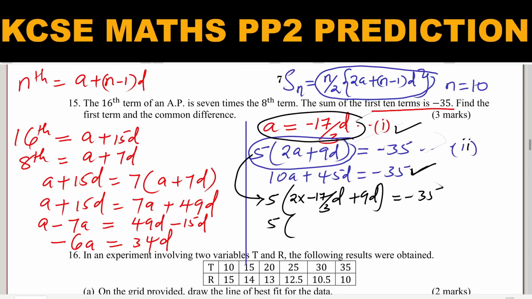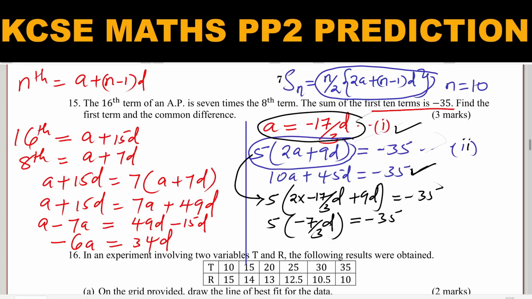Everything inside that bracket will give you negative 7 over 3 d. So when you work out everything inside that bracket, that is equal to negative 35.